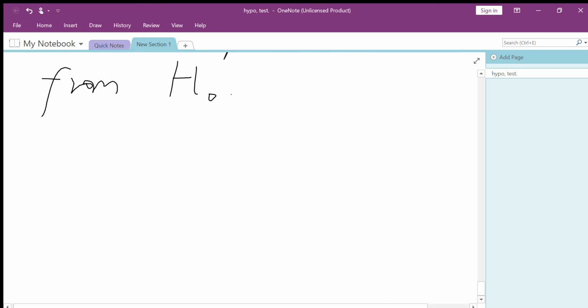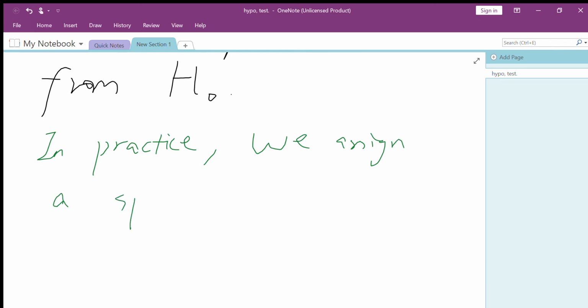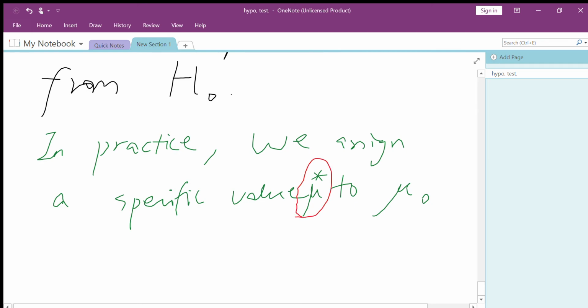So in practice, we assign a specific value to mu, the true value, a specific value mu star, to mu null.